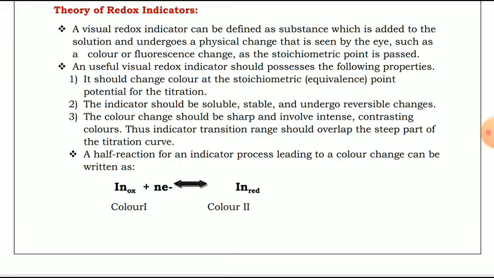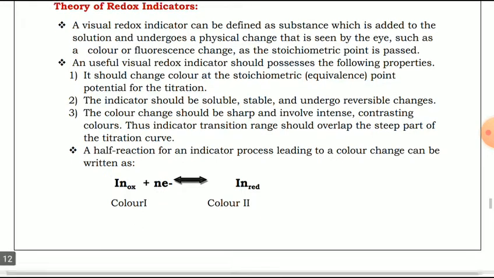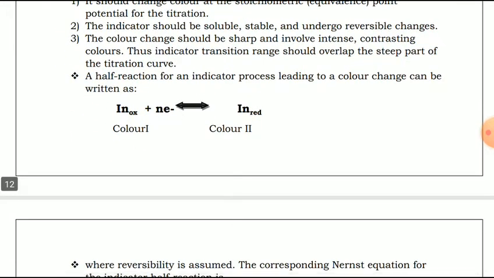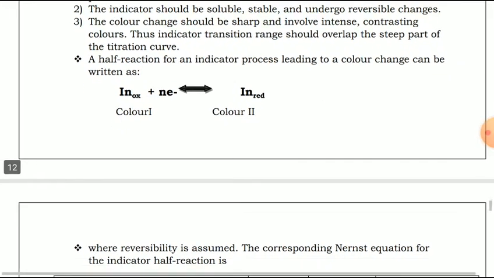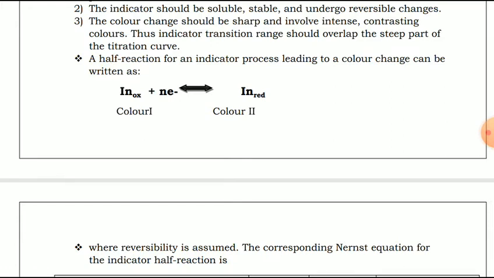That means the indicator in oxidized form shows color 1, and when converted to the reduced form it shows another color, color second. Where reversibility is assumed, the corresponding Nernst equation for the indicator half reaction is as follows.